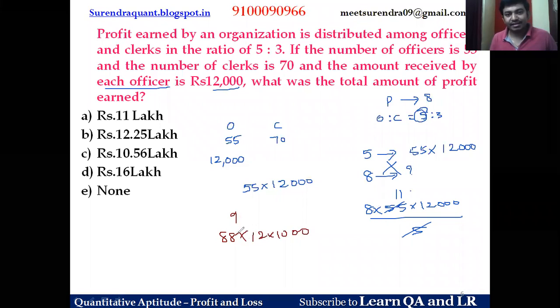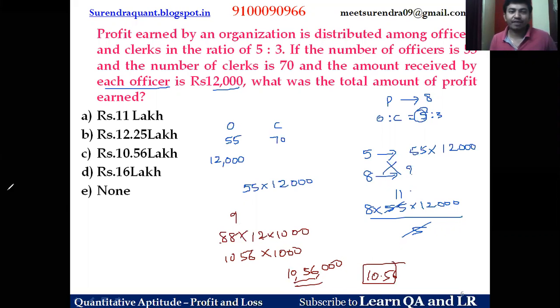So 12 8s are 96, plus 9, 105 into 1,000. So this is 10,56,000, right? So which is 10.56 lakhs. So the total profit is 10.56 lakhs, and that is option C.